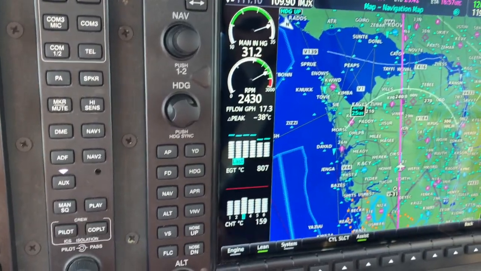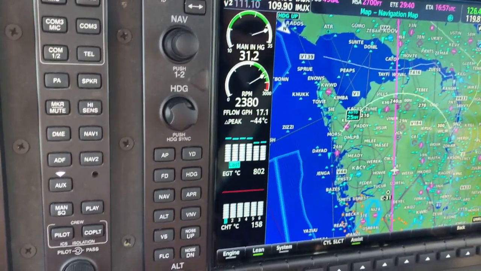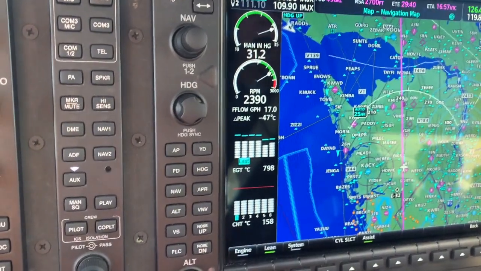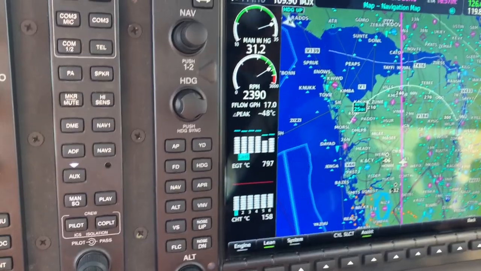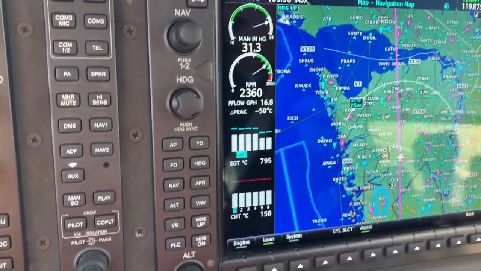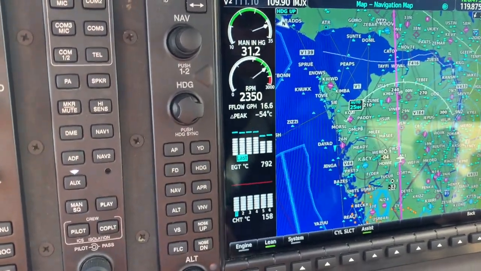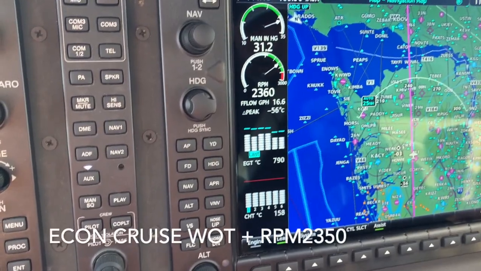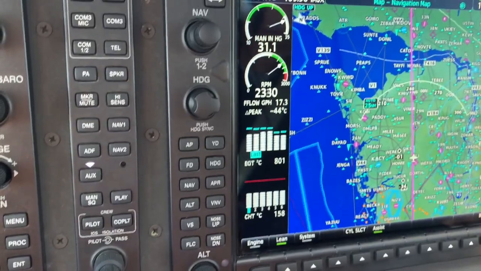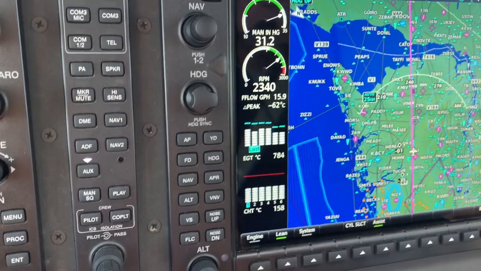Now, if you want to fly at really slow speeds, like a normally aspirated engine would, then you can start reducing the manifold pressure after you have reduced the RPM to say 24 inches, and during that procedure of reducing the manifold pressure, it's important to keep an eye on the fuel flow, because the fuel flow in relative proportions will increase, which might cause it to go close to the peak.